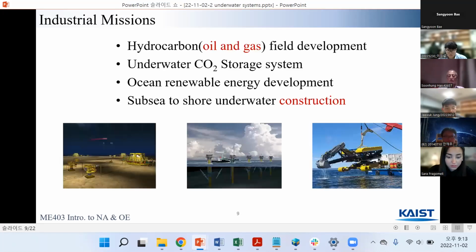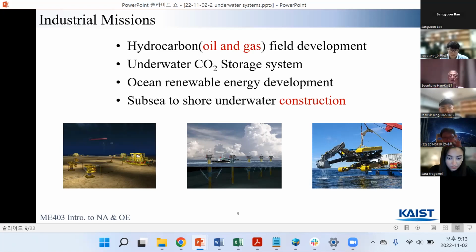Okay, so the missions. For the industrial missions, oil and gas field development is a major work. And then underwater CO2 storage systems. Nowadays, CO2 should be reduced on Earth, so it is collected and then condensed to be stored underwater or under the sea.